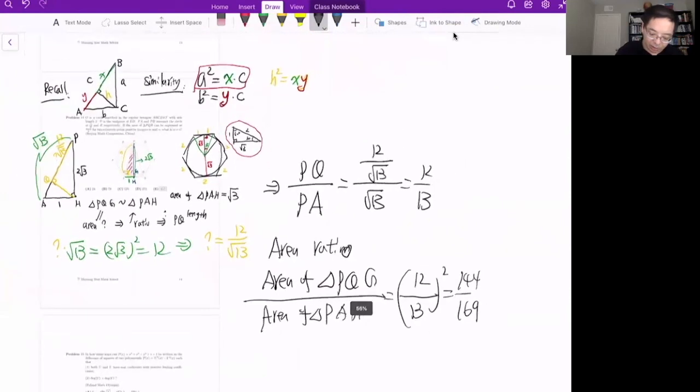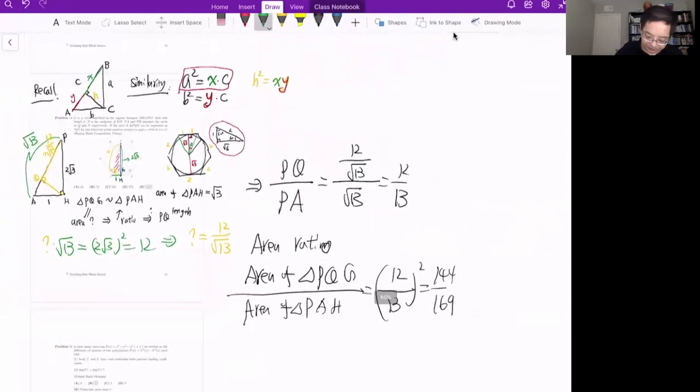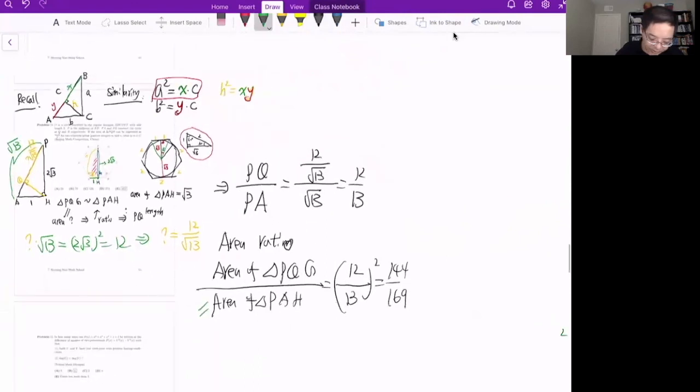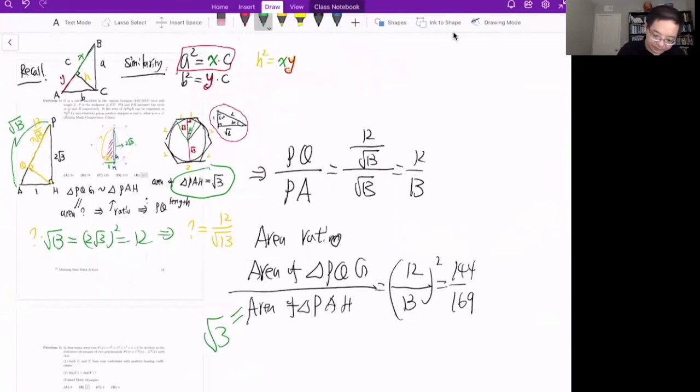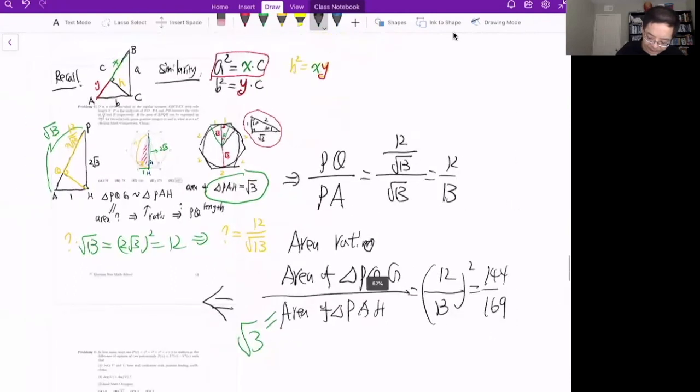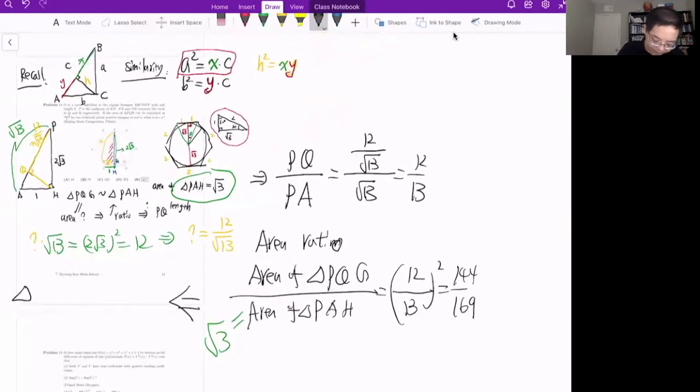We already know the area of PAH is just the square root of 3. So if we combine those things together, we derive that the area of PQG is 144 over 169 times the square root of 3.